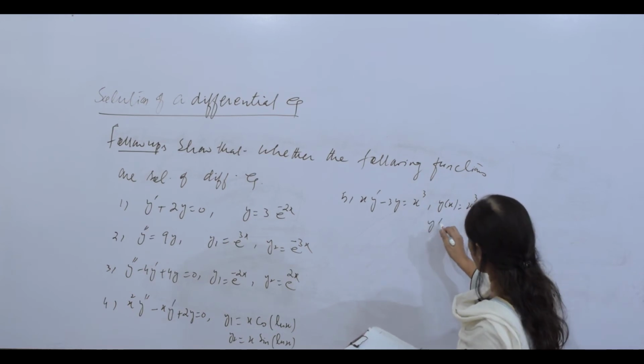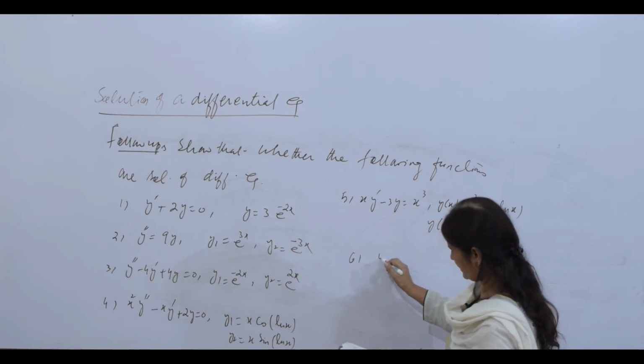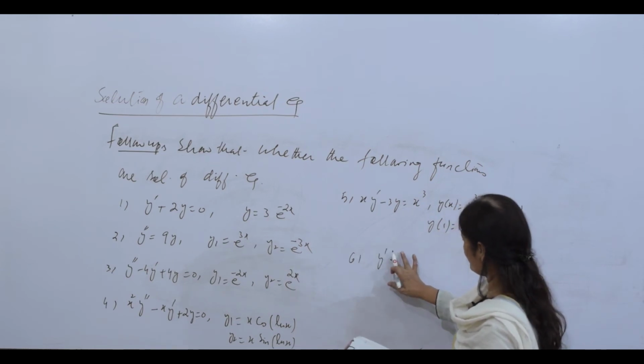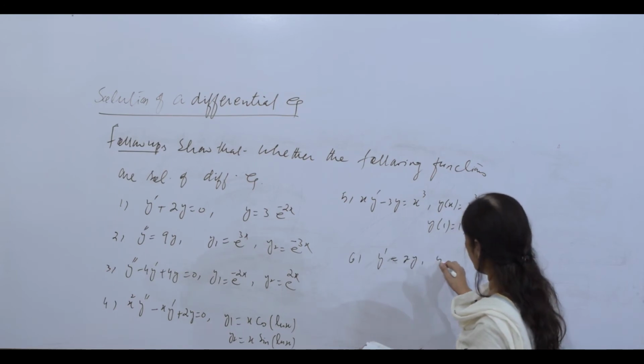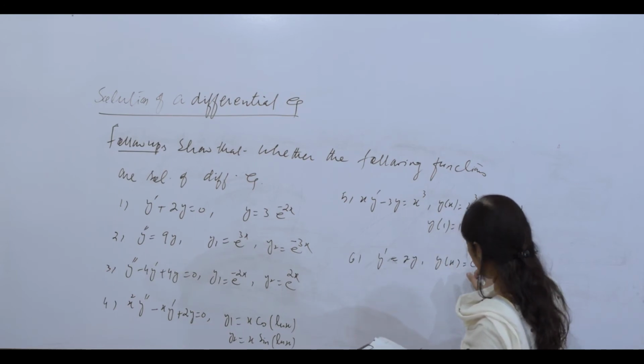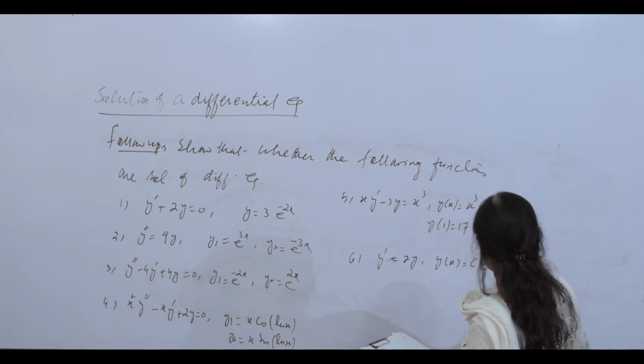And here a condition is given, y(1) is 17. Sixth is y dash is equal to 2y, and y of x is ce^(2x) and y of 0 is 3.